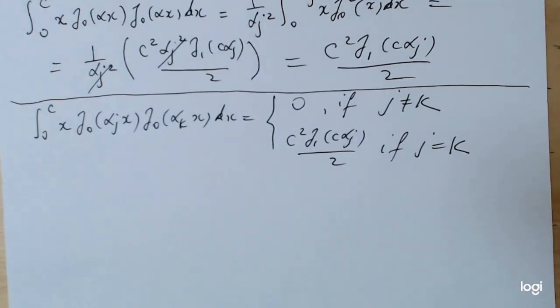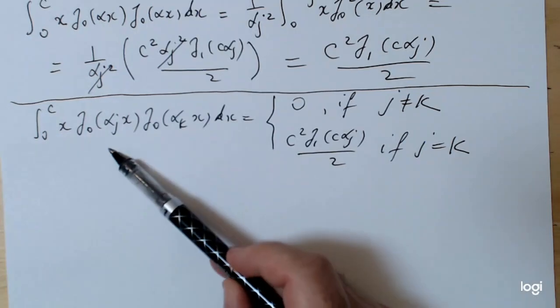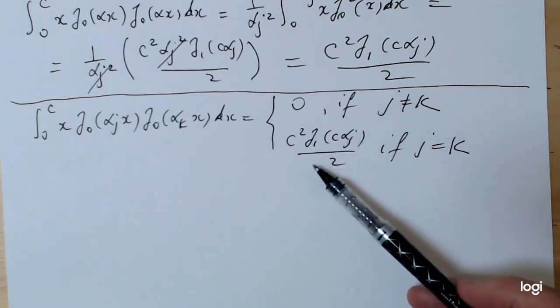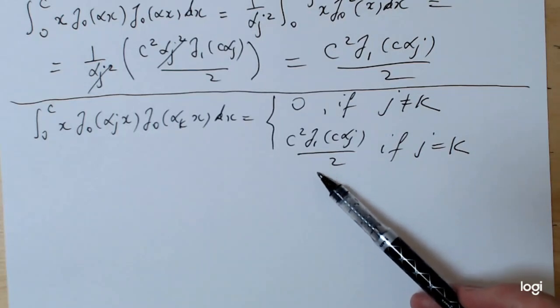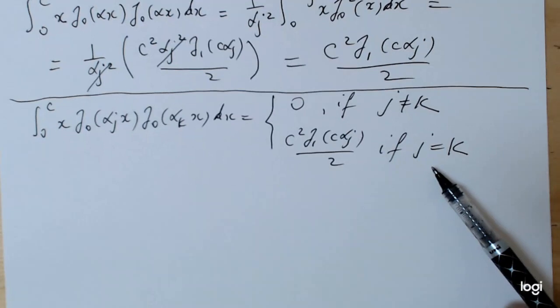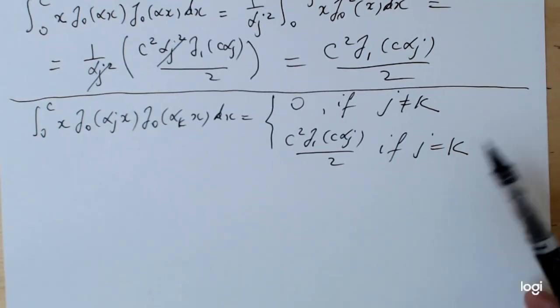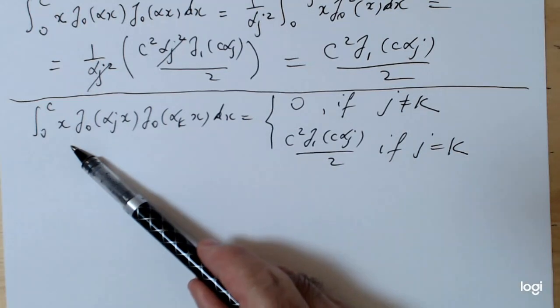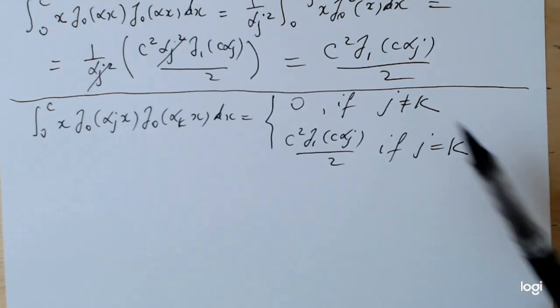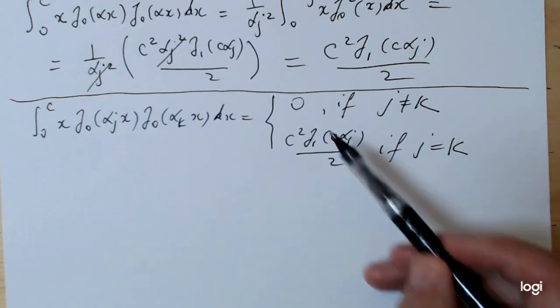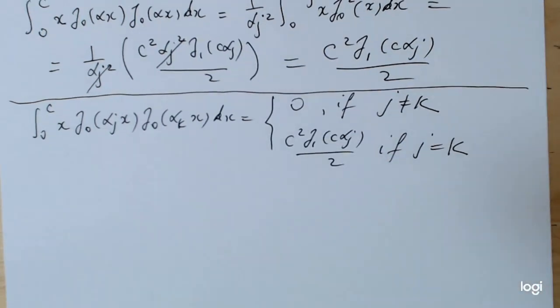This is analogous to what you showed for the sine function. The integral of sine of nx, sine of mx was 0 if n is not equal to m, and if you remember, it was c over 2 in the interval 0 to c if n equals m. This is the complete analogy, except that you need a weight function. And another difference, of course, is that when j is equal to k, you have this non-zero value for the integral.